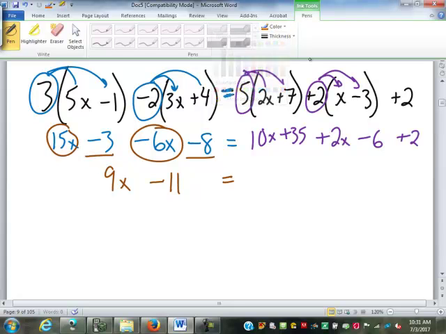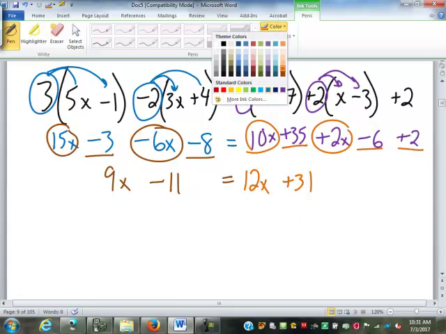Then what? So 12x, 10x, and 2x make 12x. 35 minus 6 is 29, plus 2 is 31.